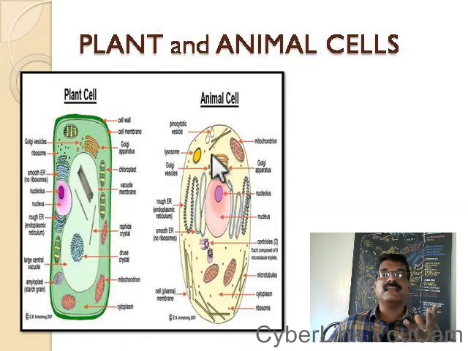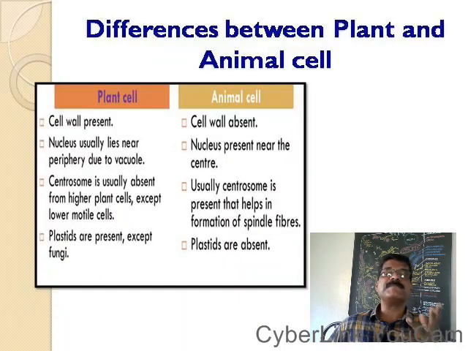But in animal cell, chloroplast is absent. Plastids are absent in animal cell. Are you clear? Similarly, one more difference: centrosomes and lysosomes are absent in plant cell, but they are present in animal cell.